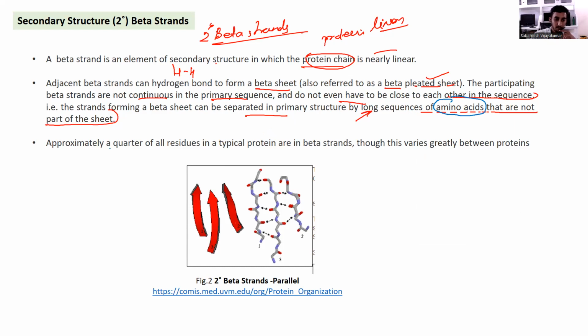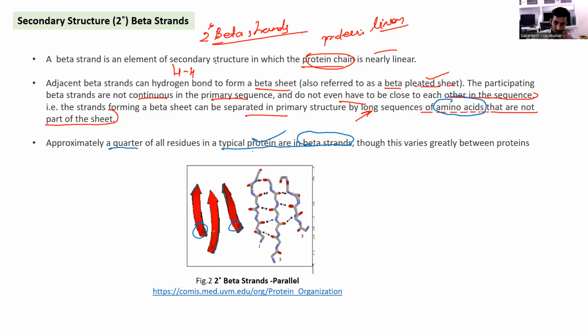Then approximately a quarter of all residues in a typical protein are beta strands. So in a typical protein, a quarter of all the residues are generally beta strands, even though they may vary with the different kinds of protein. In figure 2, you can see beta strands that are actually parallel.